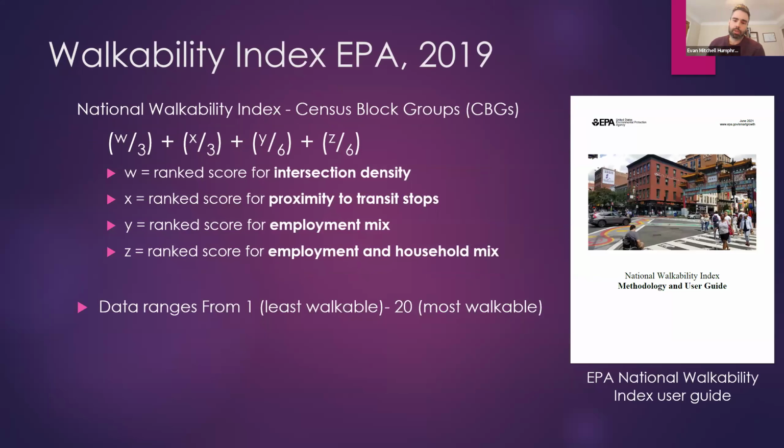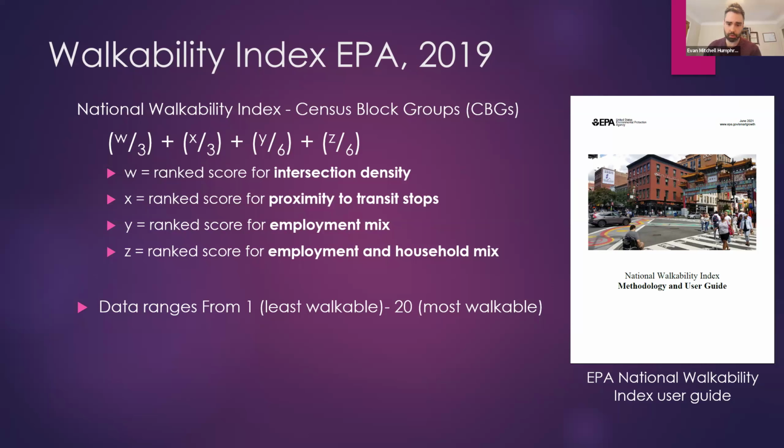So this slide is an explanation of how the EPA compiles the National Walkability Index. The Walkability Index was the highest resolution of the data used in this research, and it was already available at the census block group level. So luckily, no pre-processing was necessary aside from filtering and selection of the Cleveland metro area CBGs, census block groups, sorry.